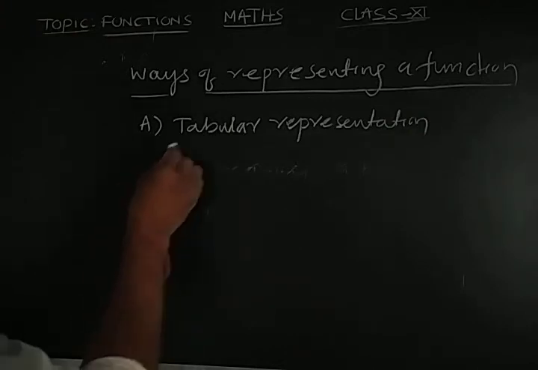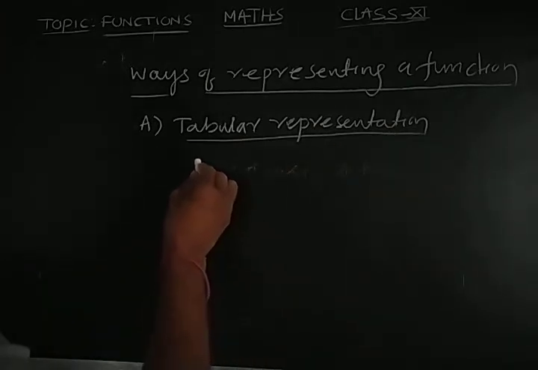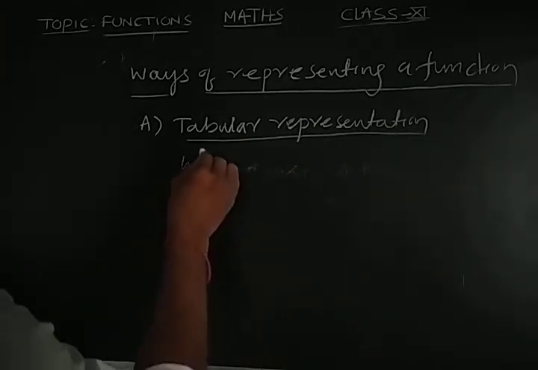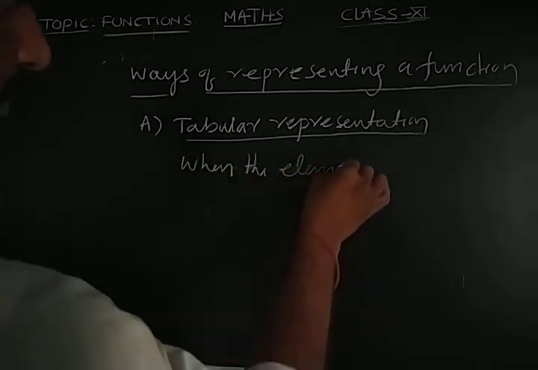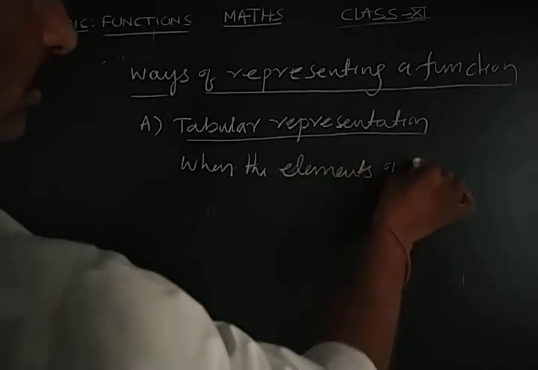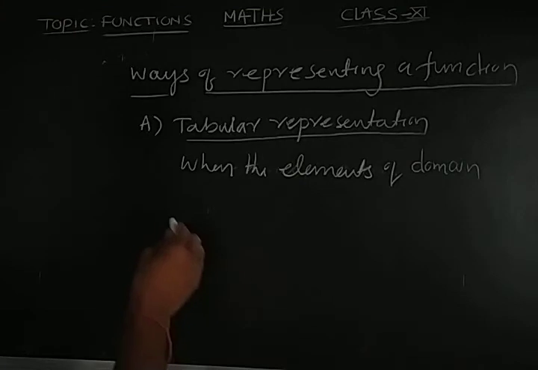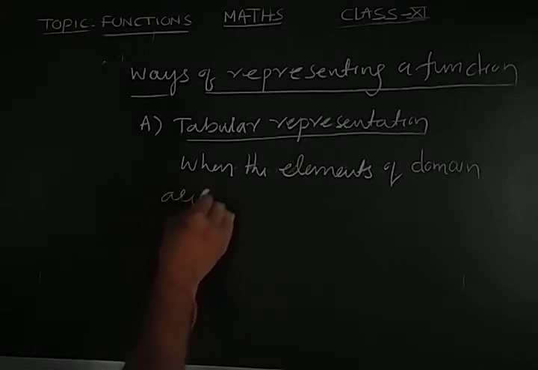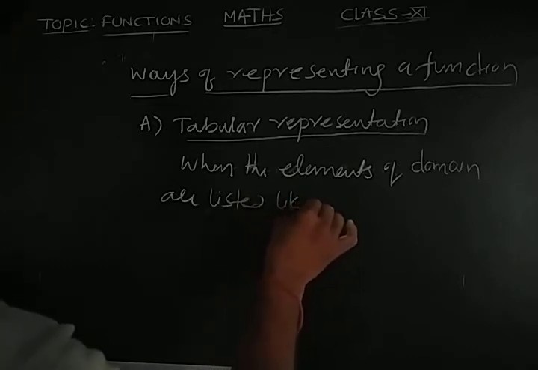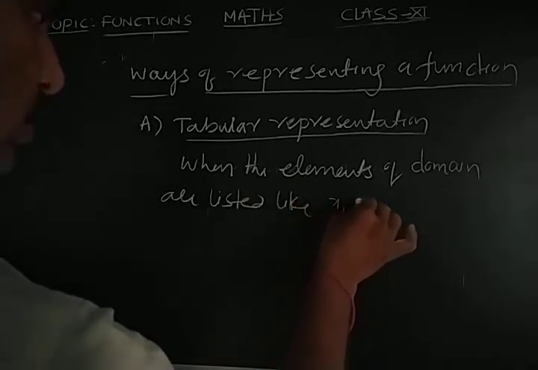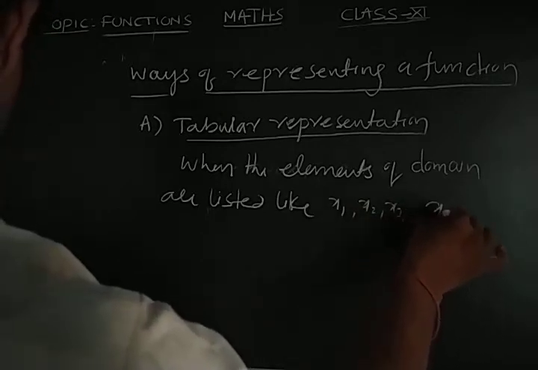Now write down tabular representation: when the elements of the domain are listed like x1, x2, x3, and so on up to xn.